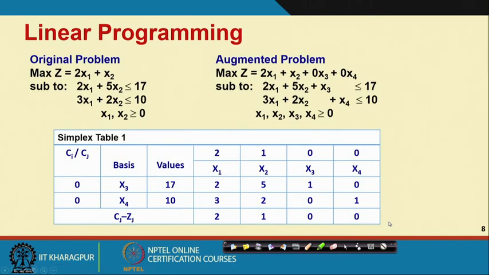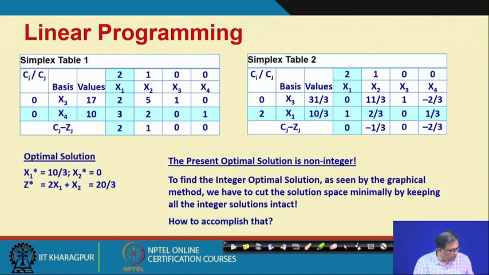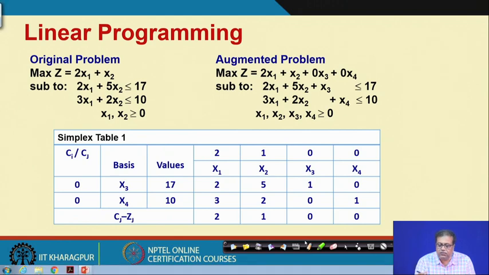So, look here, now you want to solve it by the simplex methodology. So, again what we do, this is our original problem, then we make the augmented problem by taking two more variables, those are slack variables x3 and x4.